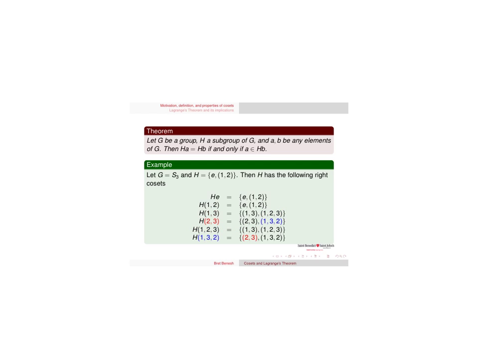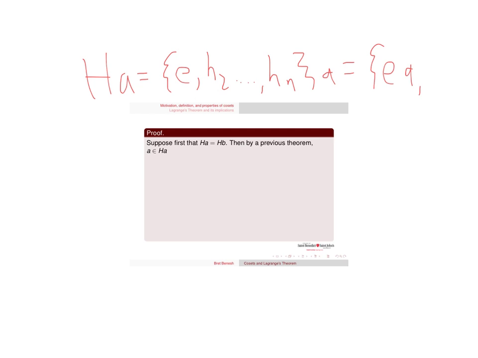And same thing. So suppose first that HA equals HB. I need to prove that A is an element of HB. Well, by the previous theorem, I know that A is in HA. That's pretty clear because HA is equal to the elements of H times A. But look, this is going to give me EA times a whole bunch of other stuff I don't care about, which is going to give me A times a whole bunch of stuff I don't care about.